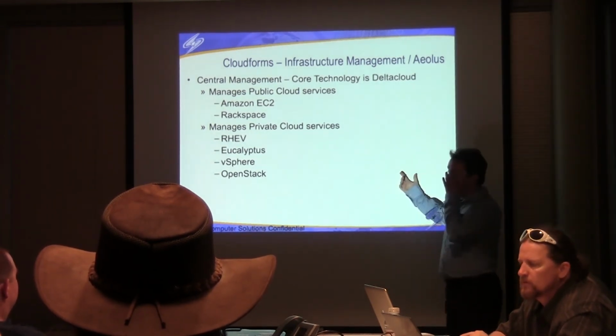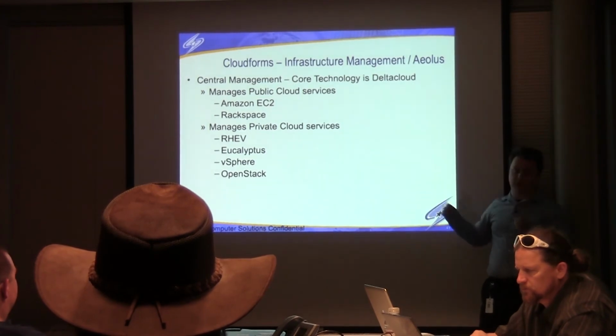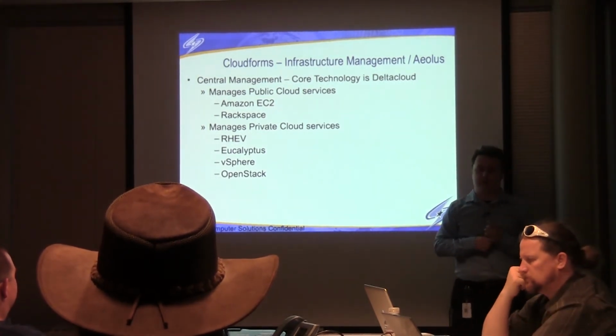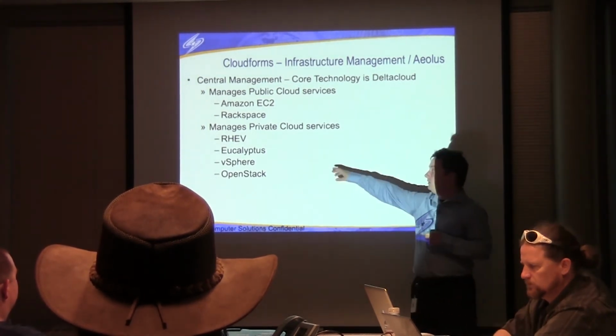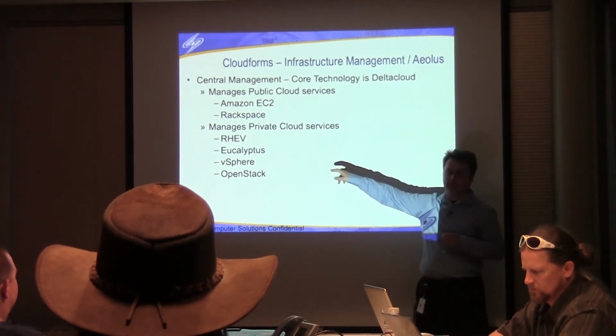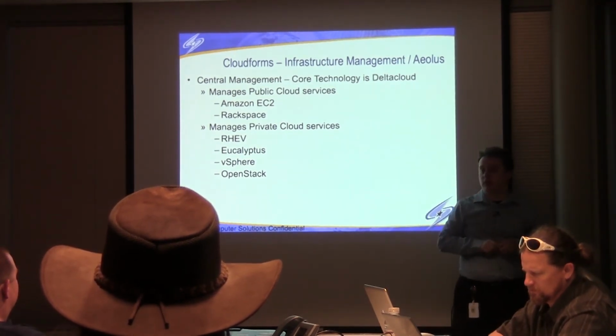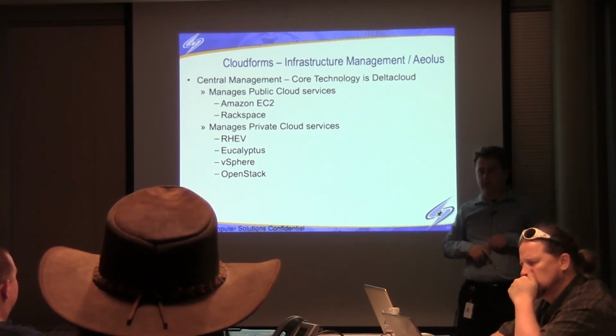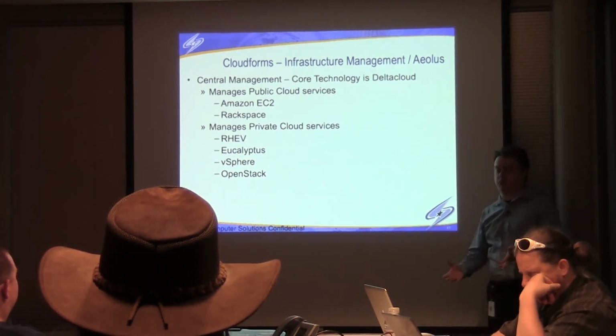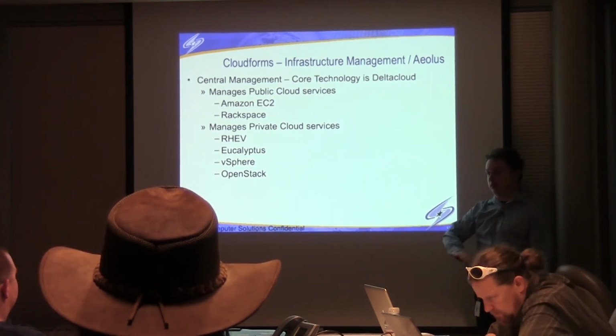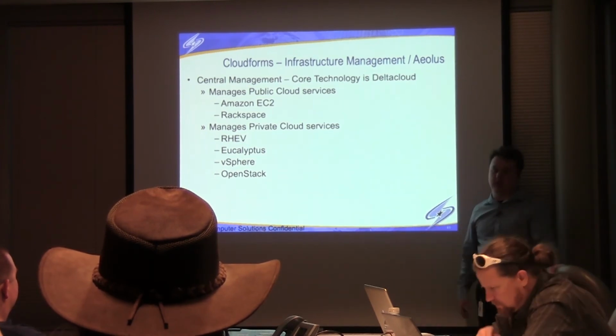This allows you to manage images across multiple providers: private, Rev, Eucalyptus, vSphere, OpenStack. So, just a centralized place where you can manage images and deploy them really quickly and easily.